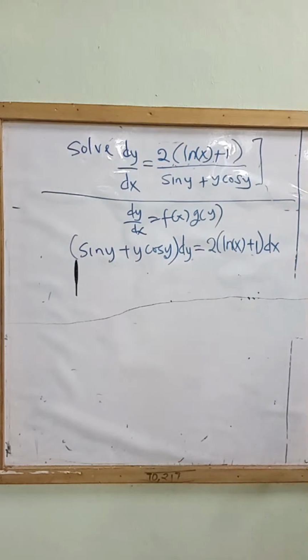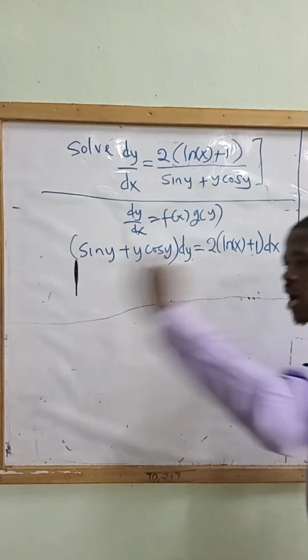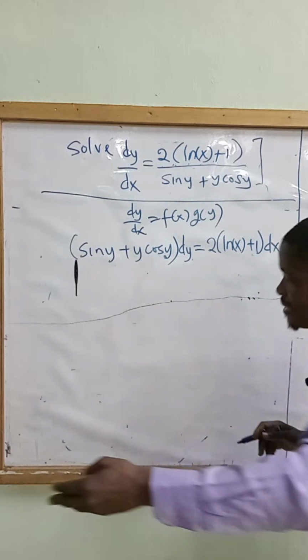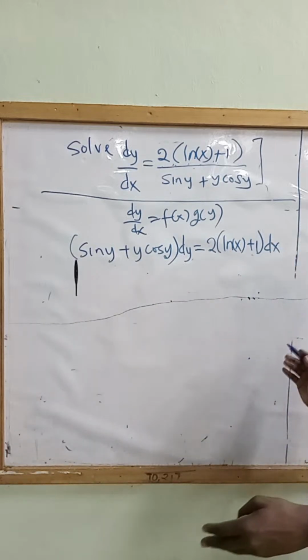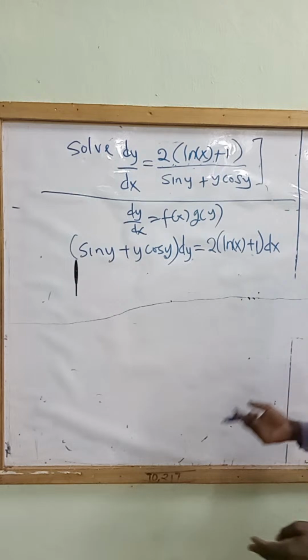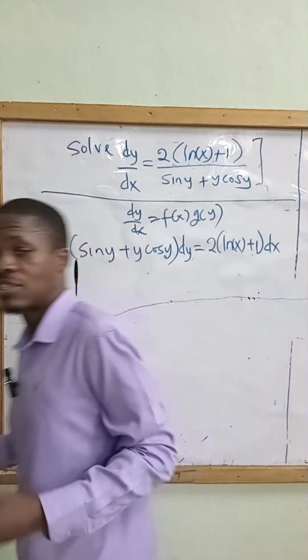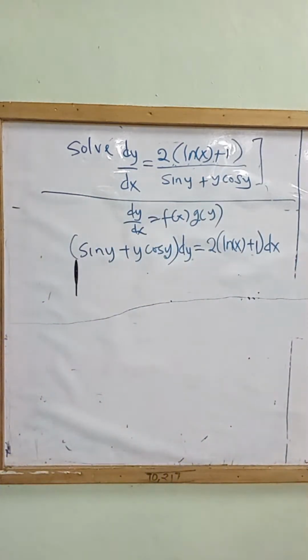So we've separated the variable, the y function on the left side and the x function on the right side. That's what we have done so far.